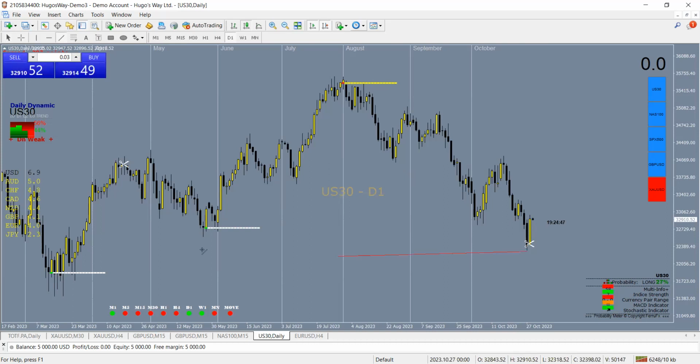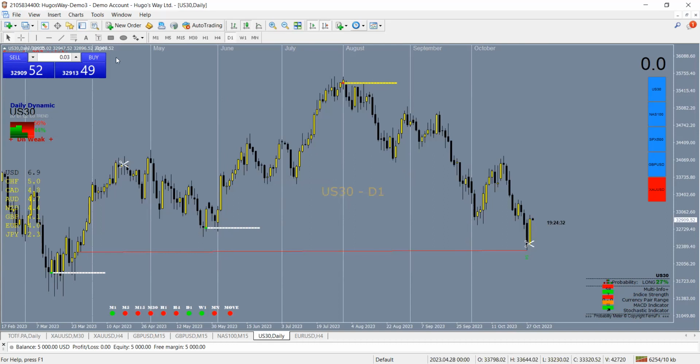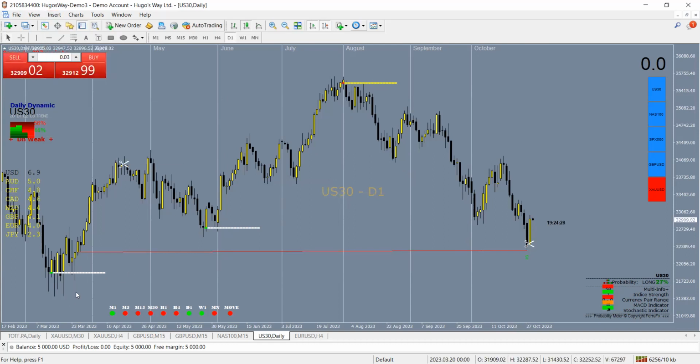So I can draw a line from here to here, and I know that these are closed orders. I'm not worried about these orders, which means the only open orders are below this wick, and then below all of this price action here.